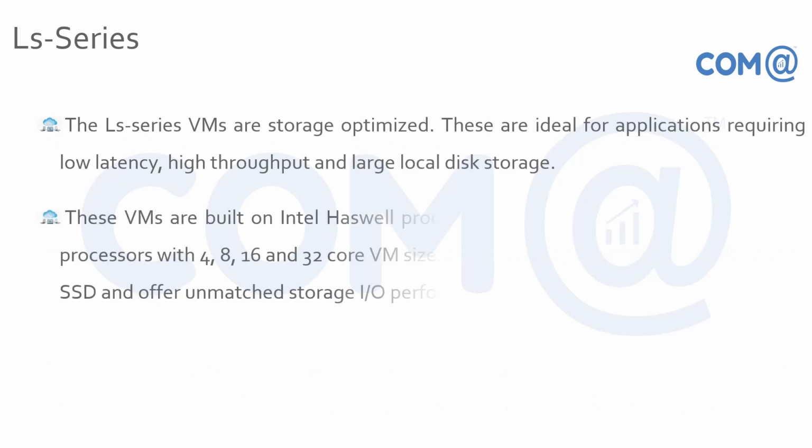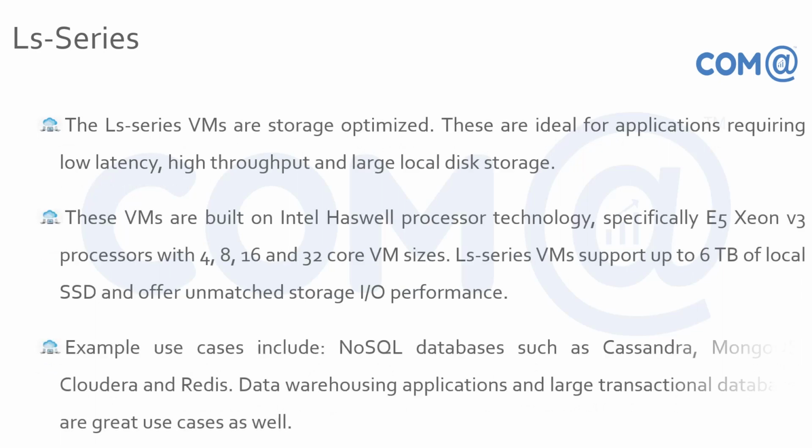The LS series virtual machines are storage optimized, so these are ideal for applications requiring low latency, high throughput, and large local disk storage. These virtual machines are built on Intel Haswell processor technology, specifically the E5 Xeon v3 processor, with 4, 8, 16, and 32 core VM sizes.